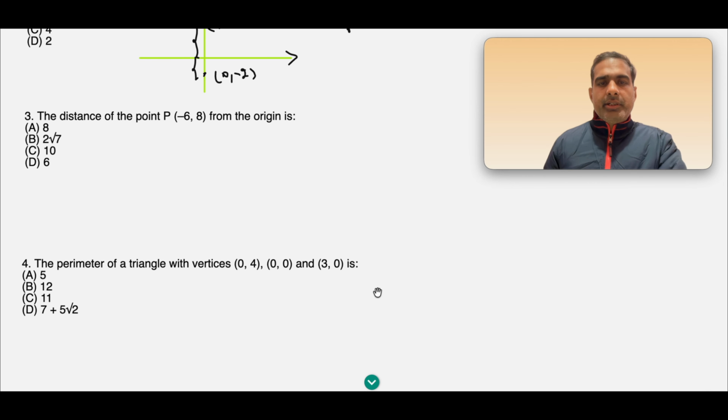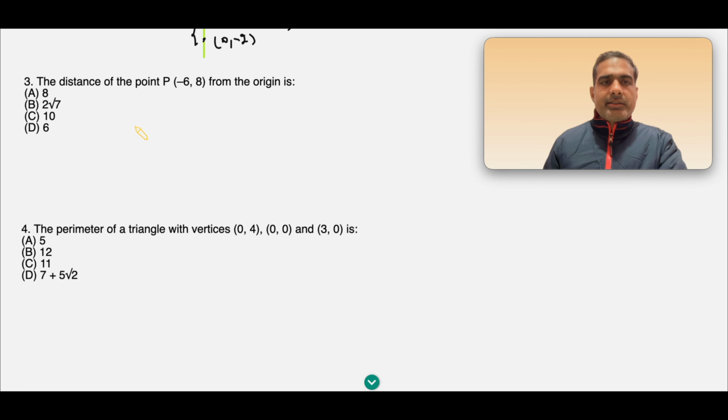Moving to question number 3. The distance of the point (-6, 8) from the origin. We know the distance from the origin of any point (x, y) is given by the square root of x square plus y square. We can think of this problem as finding the hypotenuse of a right angled triangle whose base and altitude are x and y.